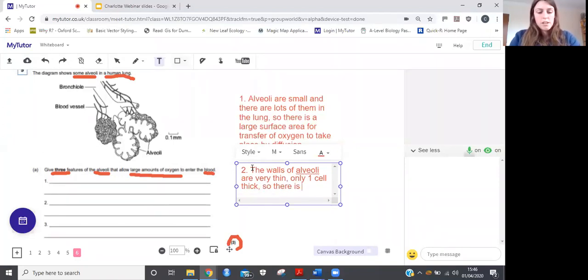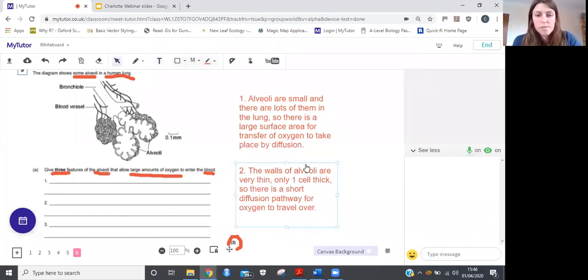So there is a short diffusion pathway for oxygen to travel over. That's point 2.